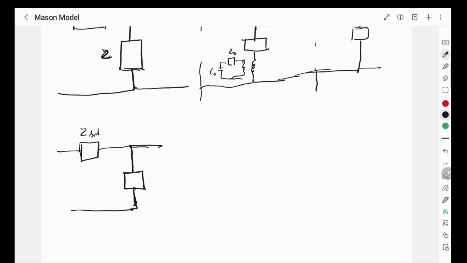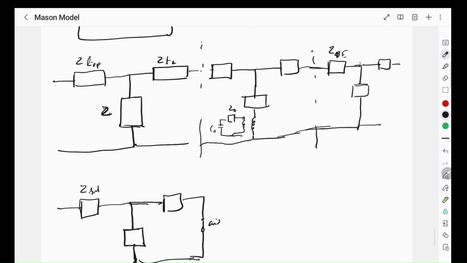Ultimately the substrate will be there, and the whole thing will be shorted to air. Here the top part is also air short.